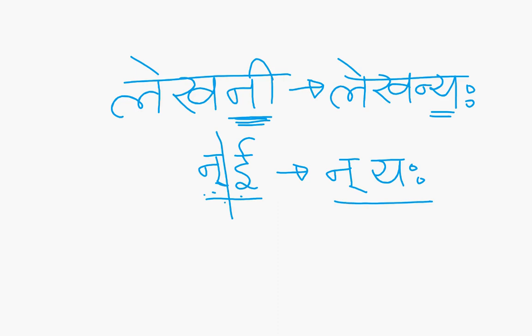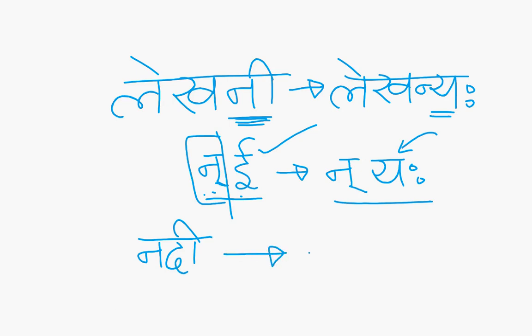So we keep the vyanjanam part, remove the e and add yaha. For example, nadi, also a word ending in e, changes to nadyaha.